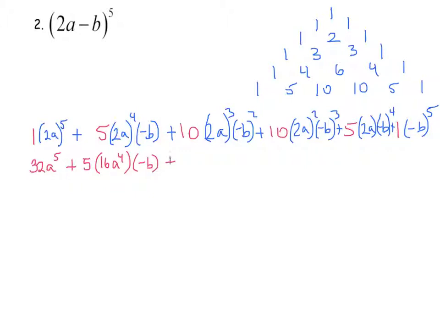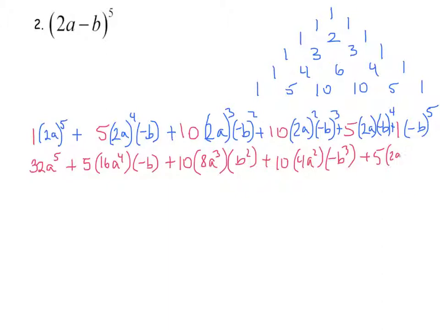The next term is going to give me 10 times 2 to the third, which is 8a to the third, and times b to the second. Negative b squared is b to the second, plus 10 times 4a squared times negative b to the third, plus 5 times 2a times b to the fourth, and for the last term I get minus b to the fifth power.